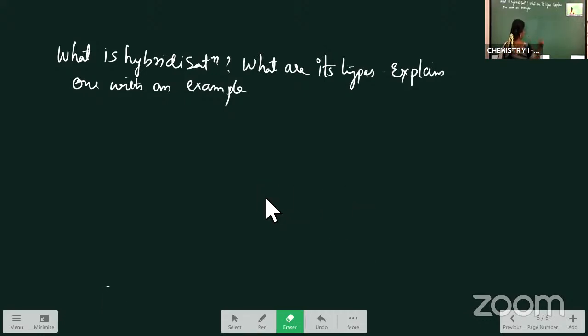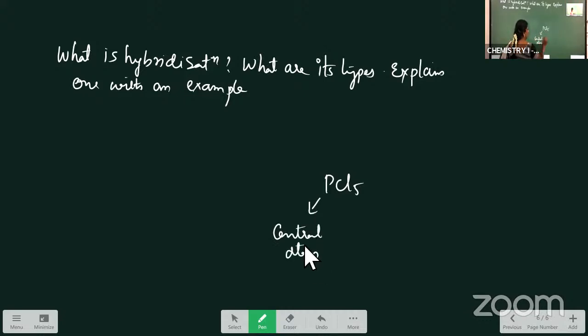For example, PCl5 is there. Phosphorus, इसको क्या बोलेंगे? Central atom. Phosphorus is called as central atom, whereas Cl is called as surrounding atom.